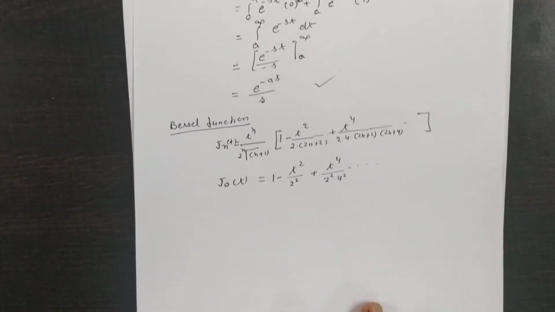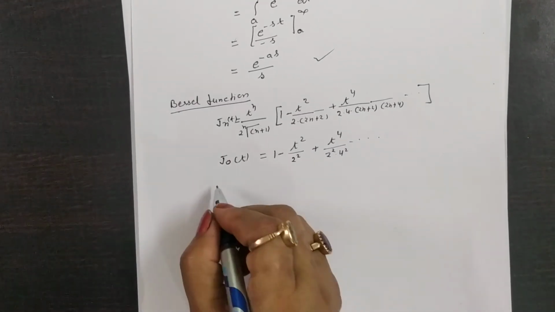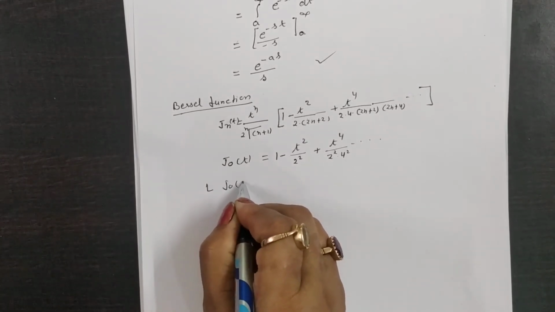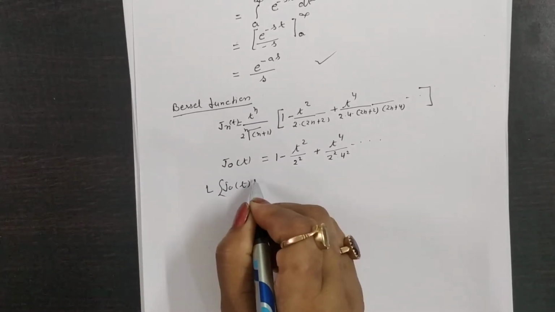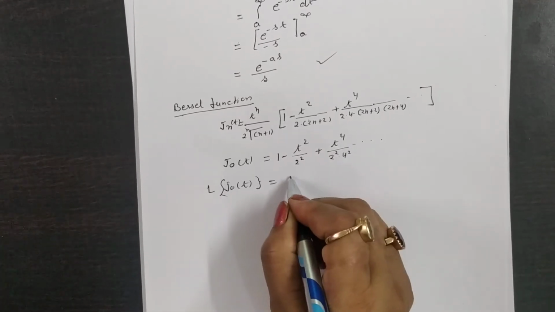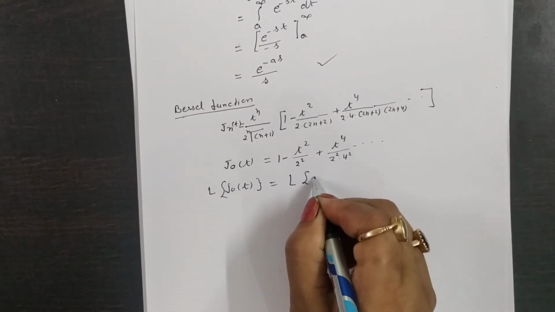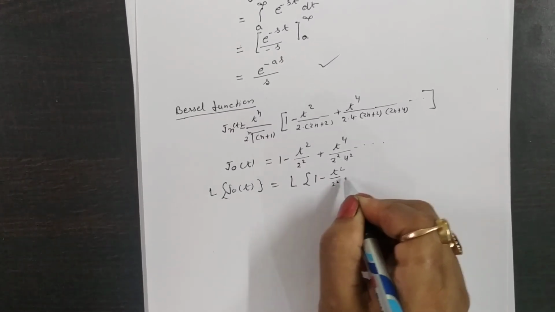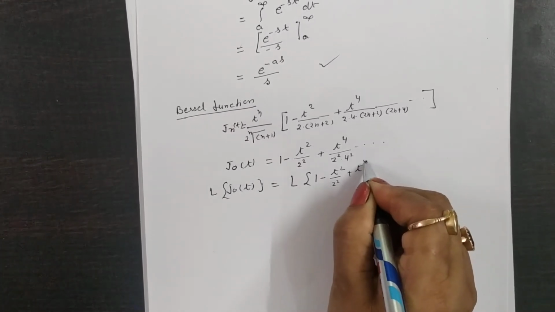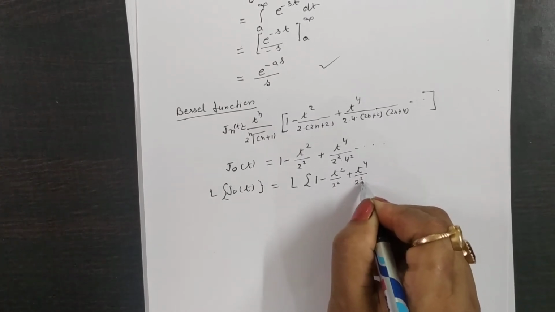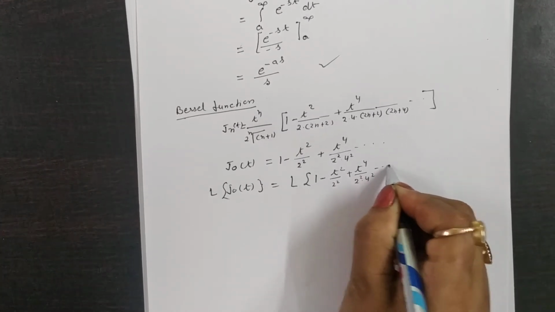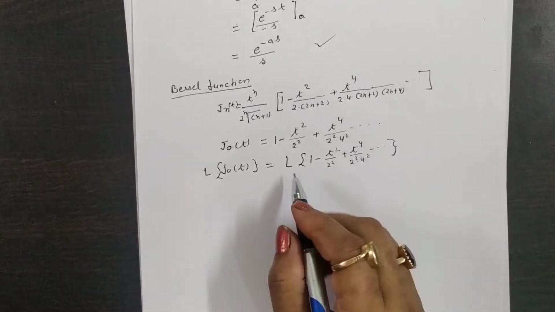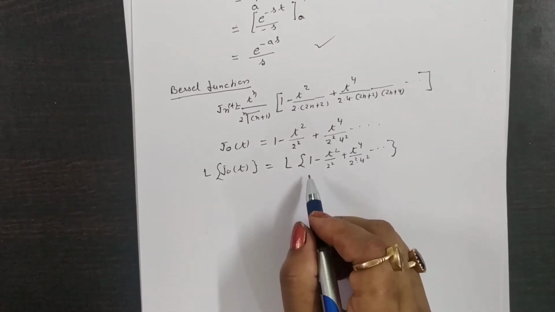Now we apply the Laplace on both sides, that is Laplace of J0(t), which is the Laplace of 1 minus t square by 2 square plus t to the power 4 by 2 square 4 square, and so on. You know the Laplace of 1 is 1 by s.